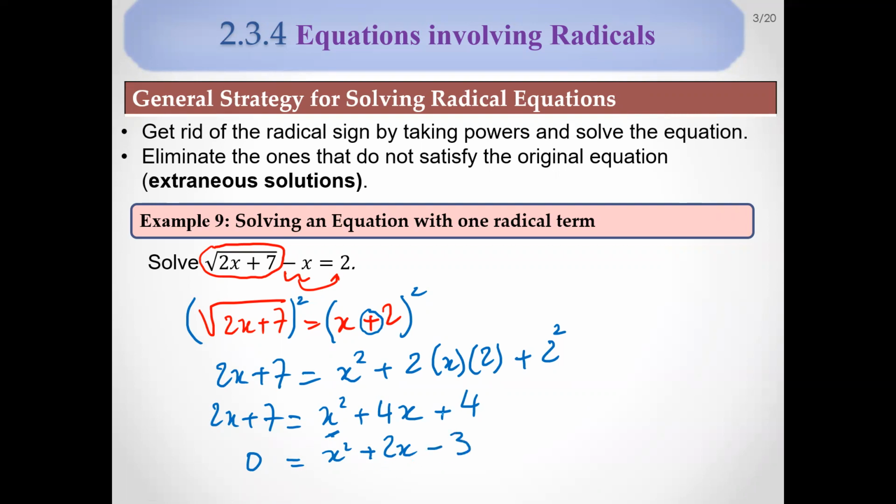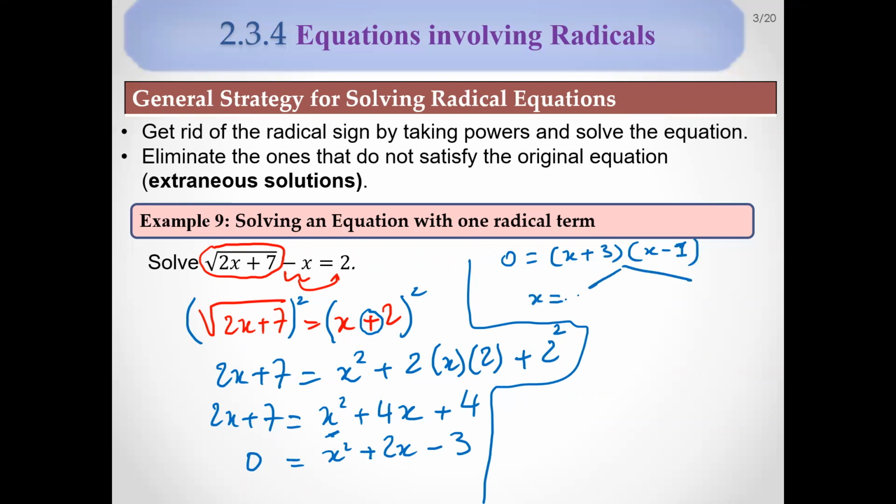Quadratic equation. Here we can factor: x plus 3 times x minus 1. So we obtain here x is minus 3 or x is 1.